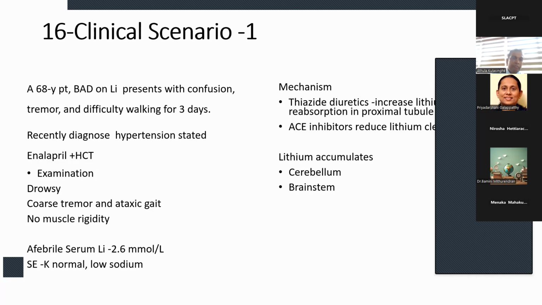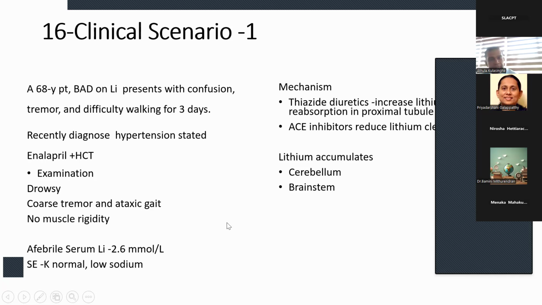So this is the important drug interaction: lithium, ACE inhibitors and HCT. On clinical examination, the patient has tremor and gait problems, but there is no muscle rigidity. Serum lithium level is very high, and on other investigations hyponatremia is there.